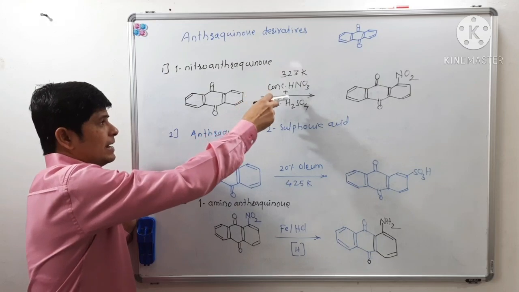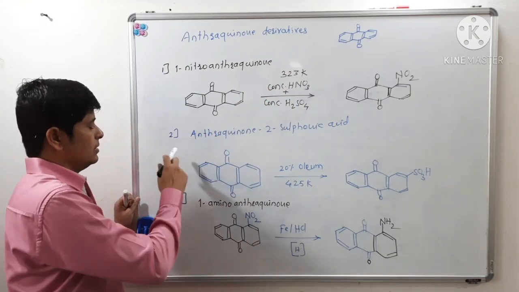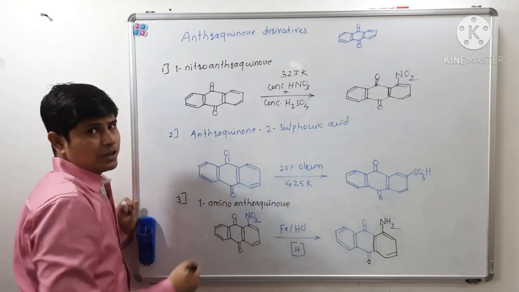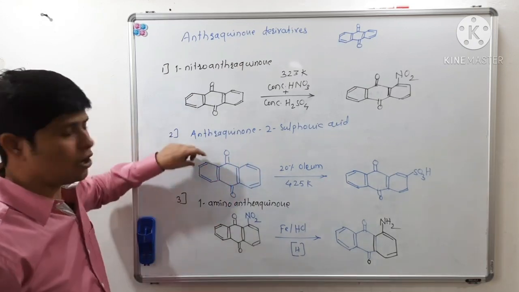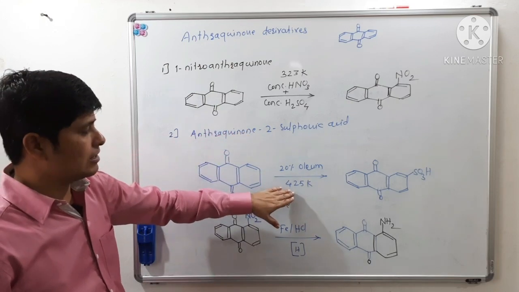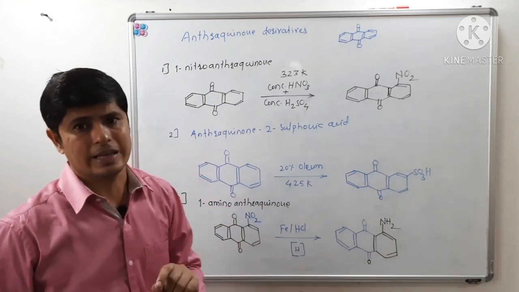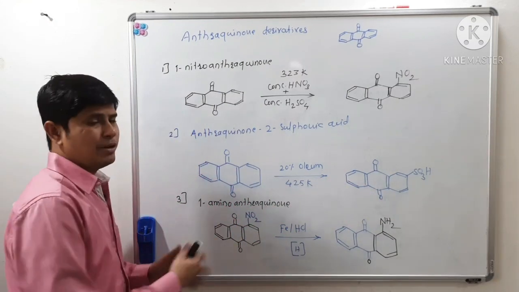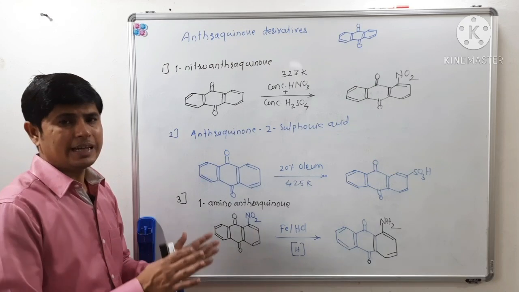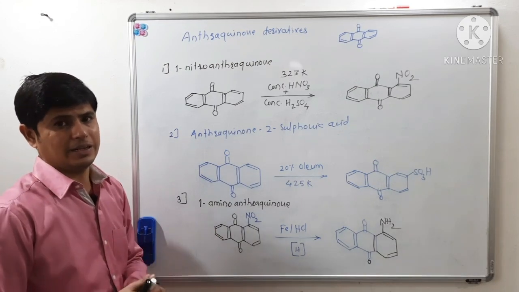Synthesis of anthraquinone 2-sulfonic acid is the sulfonation of anthraquinone using 20% oleum at around 425 degree Kelvin. And 1-aminoanthraquinone can be prepared by reduction of 1-nitroanthraquinone.